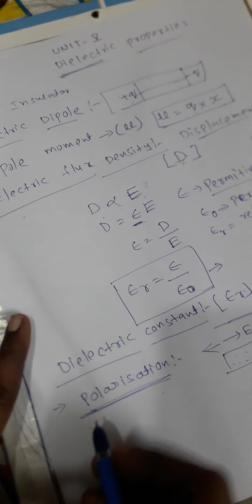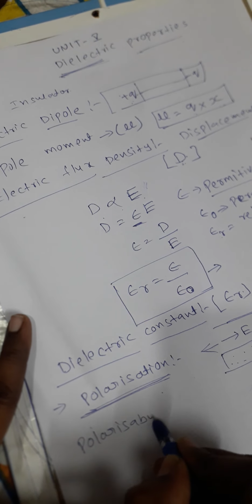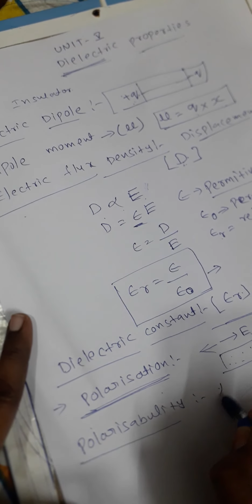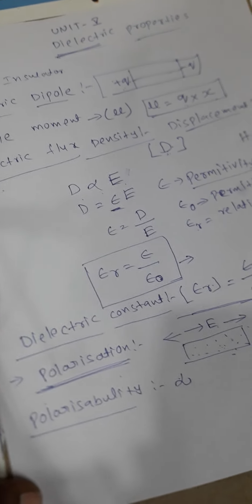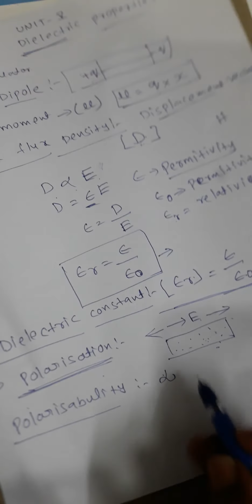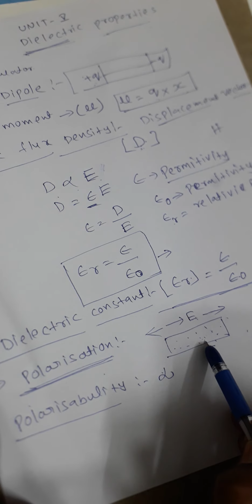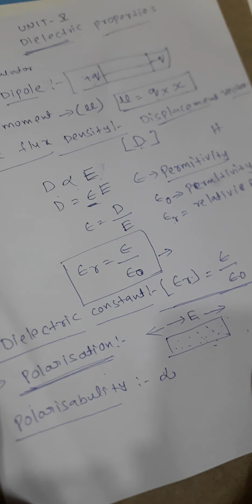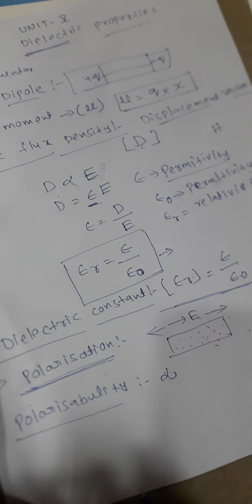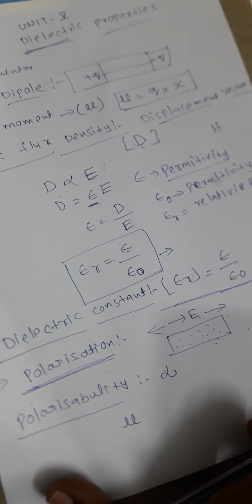The next definition is polarizability, denoted by the letter alpha. When an electric field is applied, dipoles are formed. When we increase the field, the dipole moment increases, meaning the distance between the charge carriers also increases.